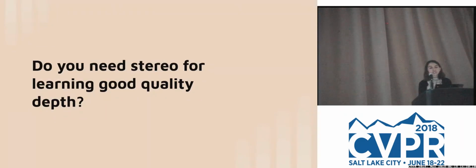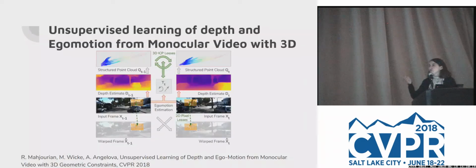So now the question is, do you need stereo during training in order to learn good quality depth? And here's some new work of our own that will be presented here at CVPR that uses, again, monocular video to uncover depth and ego motion, but we also impose 3D constraints.